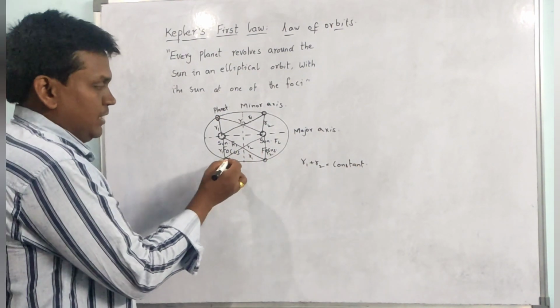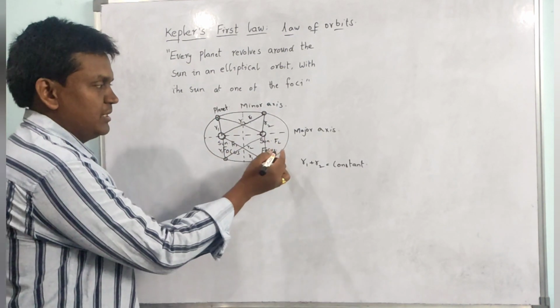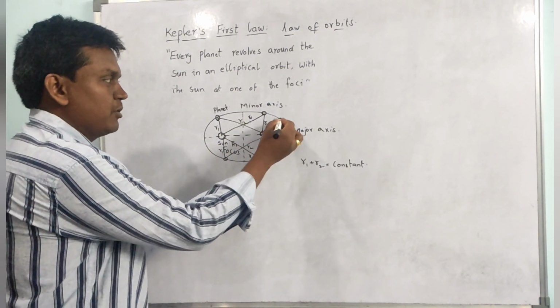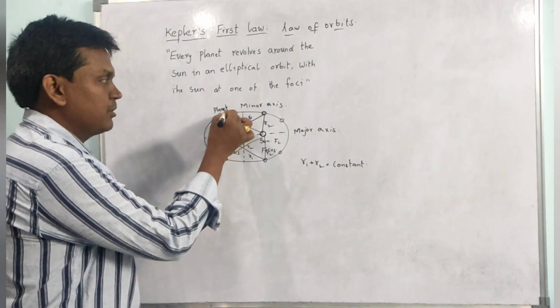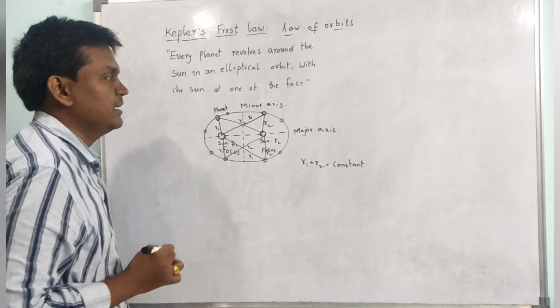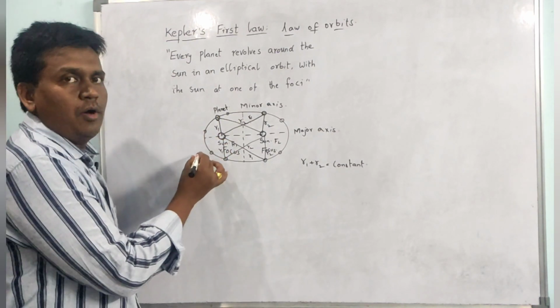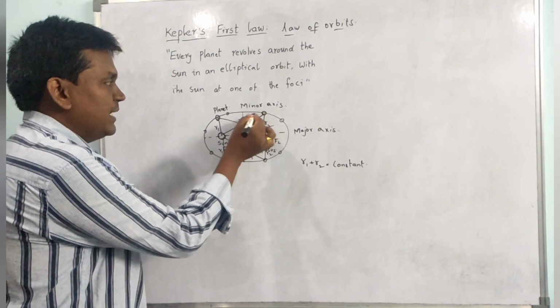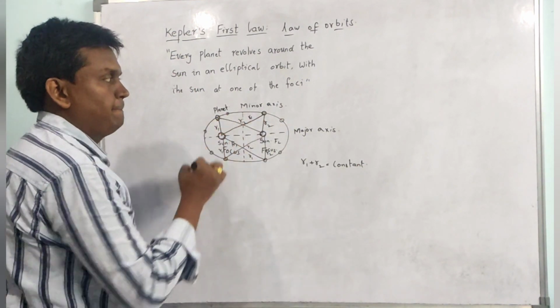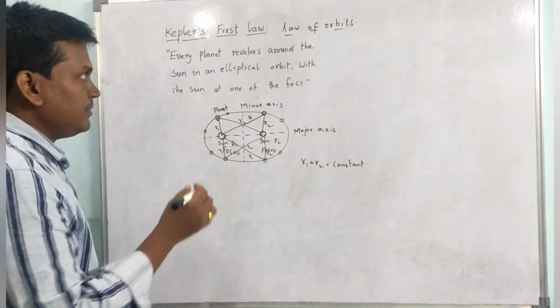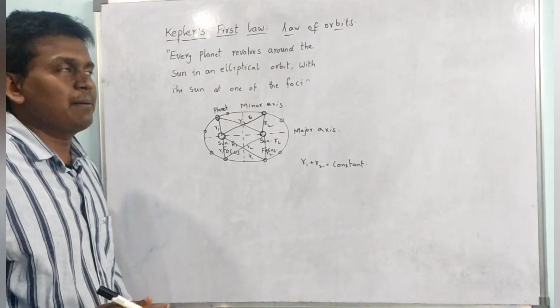Your planet may be located here, here, here, here, here. If you join all these positions, we will get an elliptical shape. So that was given by Kepler.